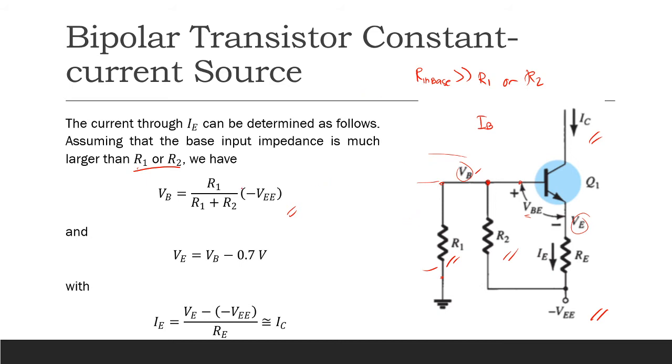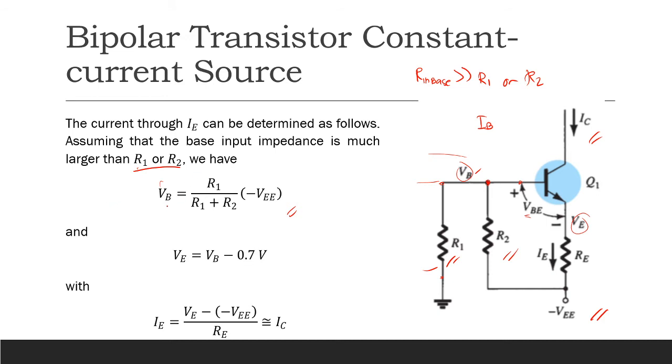So kung ganun yung case, then therefore, using voltage divider rule with an input voltage na negative VEE, we can have this equation. So VB equals R1 over R1 plus R2 times negative VEE.